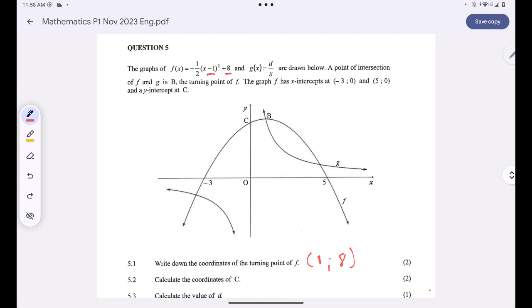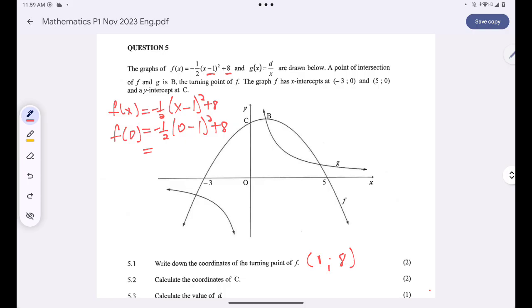Then now I must calculate the coordinates of c. Remember that c is the y-intercept of the graph of f. For me to find the y-intercept, I don't care what kind of graph I'm given. All I need to do is to make x 0, solve for y. I have f of x, which is equal to -½(x minus 1) all squared plus 8. I'll simply substitute 0 whenever I see x.